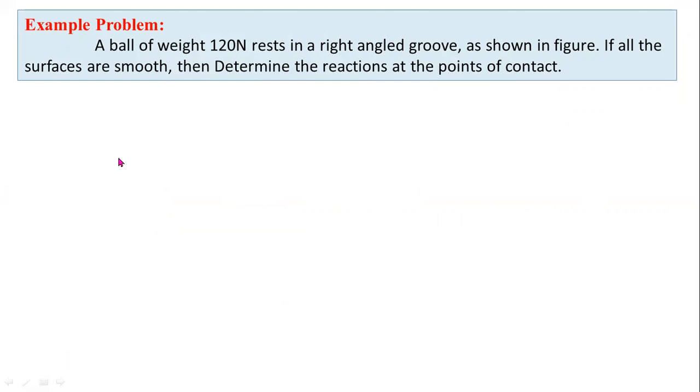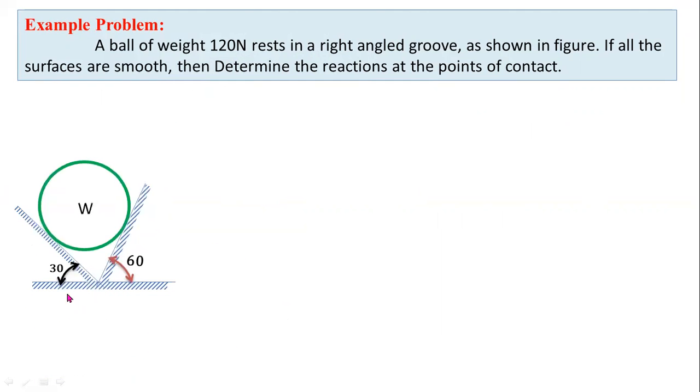Here a ball of weight W equal to 120 newtons rests in a right angled groove. That means the angle between these two inclined planes is 90 degrees.